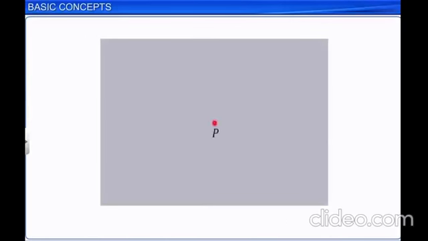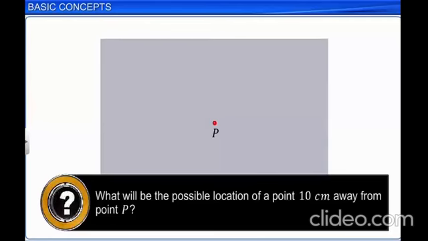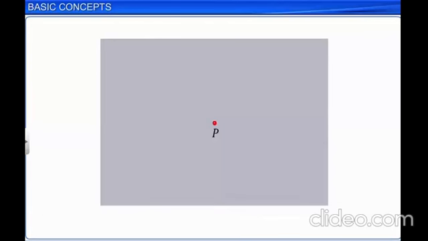Consider a point P in a plane. If you are to mark another point A, 10 centimeters away from point P, what will be its possible location? Point A can lie at any position on a circle with its center at P and radius equal to 10 centimeters.